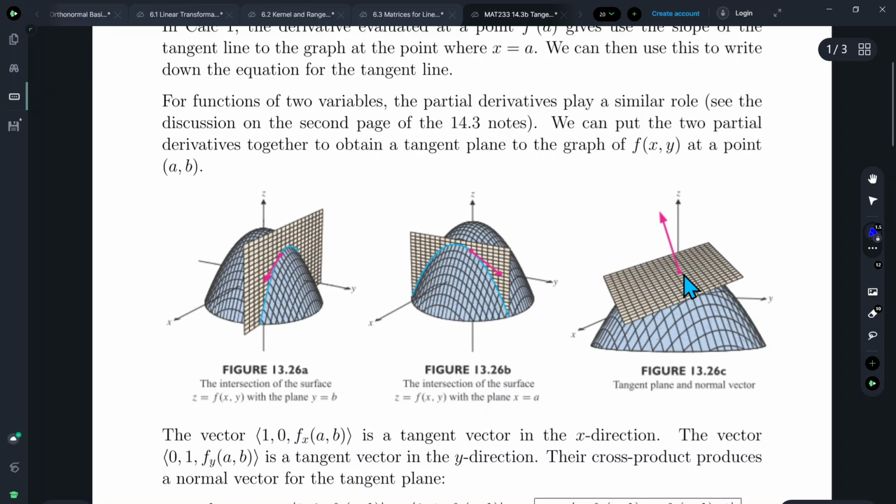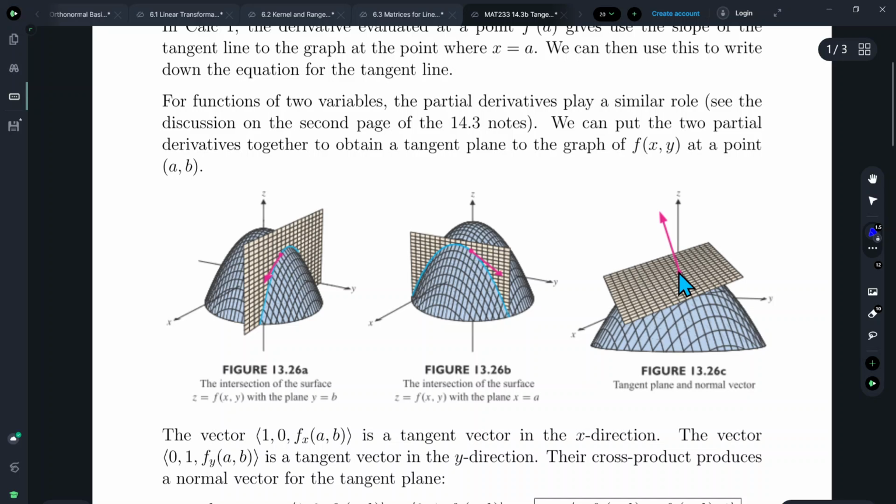So the idea is that here at this specific point where the tangent plane meets the graph of the function, the z-coordinate of the tangent plane is exactly the same as the function value.